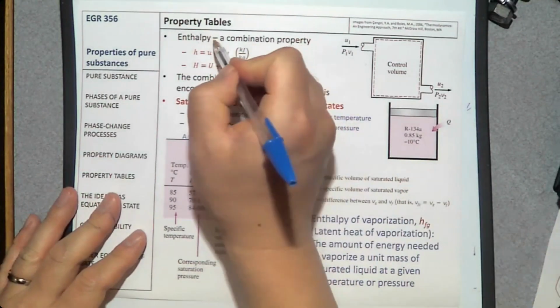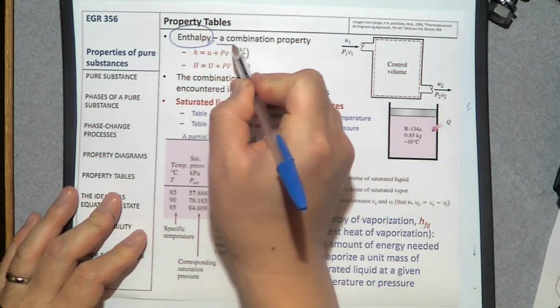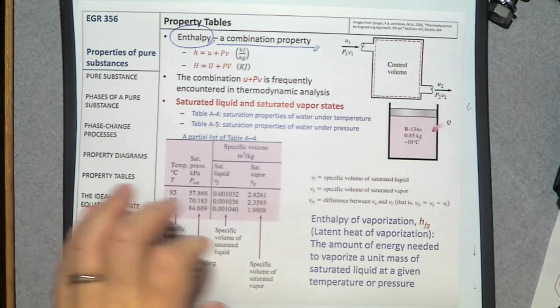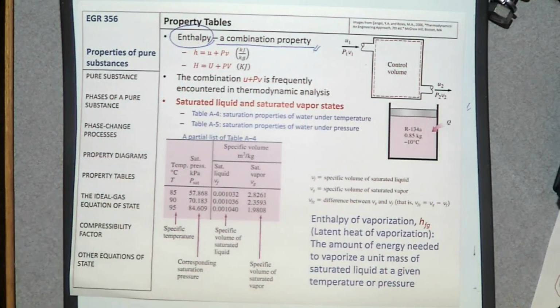This enthalpy is a combination property. It has no meaning in thermodynamics. It is just the sum of U, specific internal energy, and PV, flow energy. It's just the sum of these 2 energies. There is no other thermodynamic meaning, but we use this H a lot because U plus PV come together in many cases.